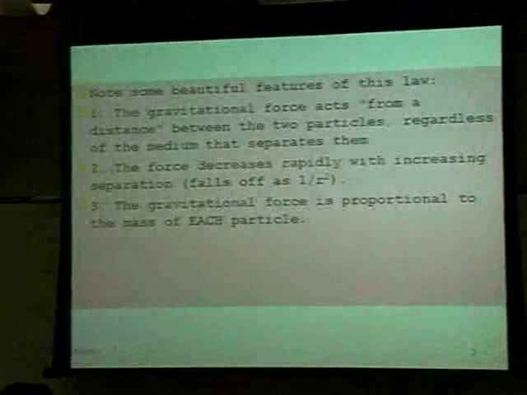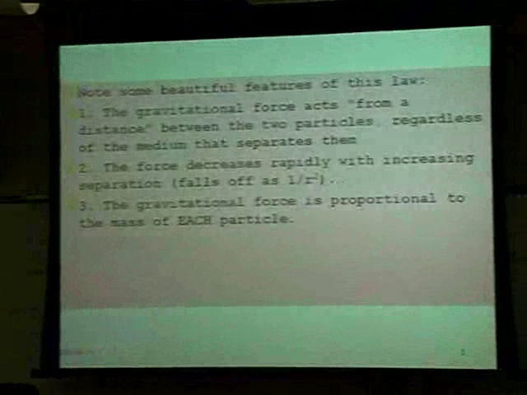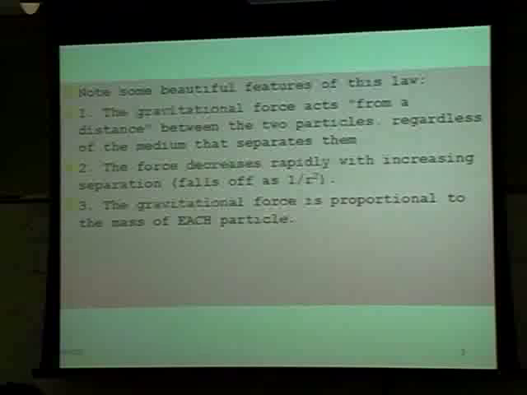The gravitational force is proportional to the mass of each particle. You have a force on you from the Earth, when we treat the Earth's mass as being located at the center of mass, the center of the Earth. So the distance between you and the Earth is the radius of the Earth. And mainly that force is large enough because the Earth is so massive.